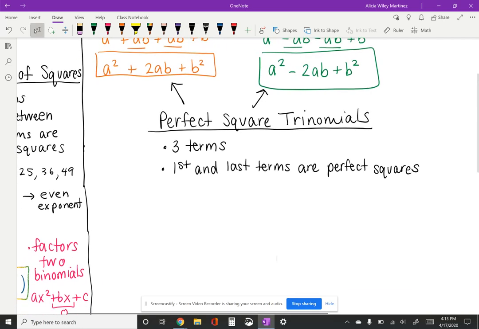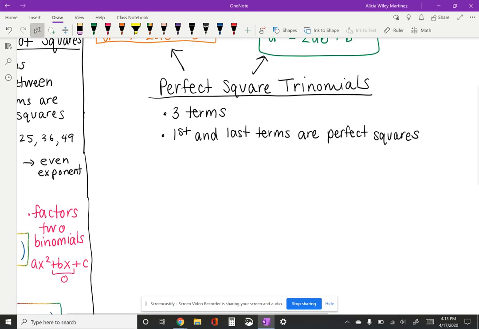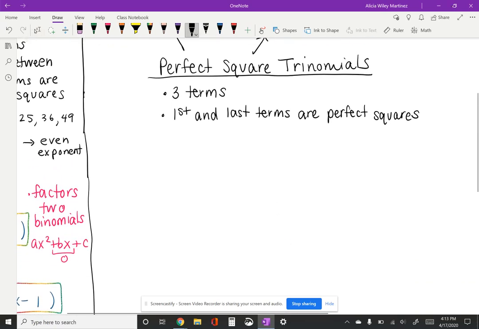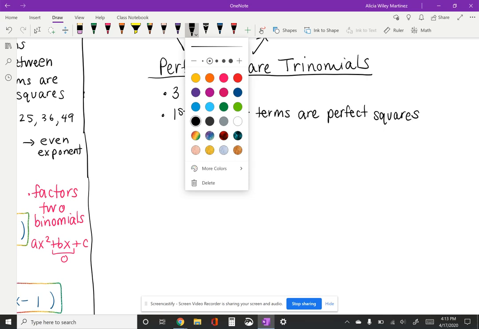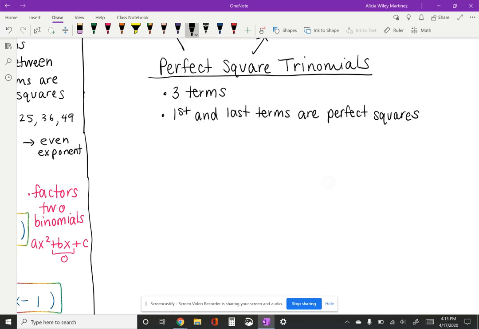So when you go to do a problem like this, let's look at an example. Example 1. Let's look at x squared plus 8x plus 16.